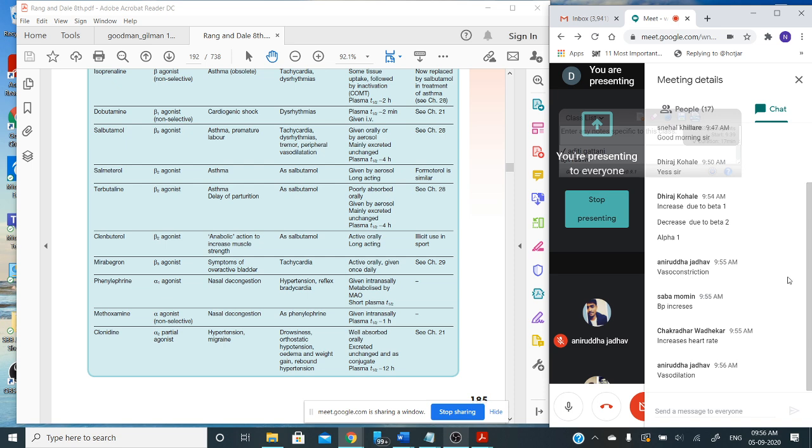The same adrenaline, when given along with the alpha 1 blocker, shows a decrease in blood pressure, and without the blocker it shows an increase. This is the reversal of the action, and it is therefore called Dale's vasomotor reversal.